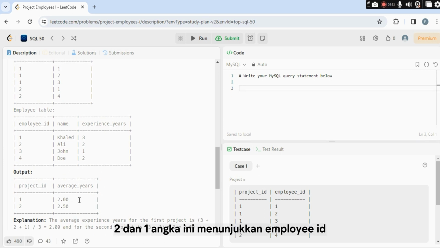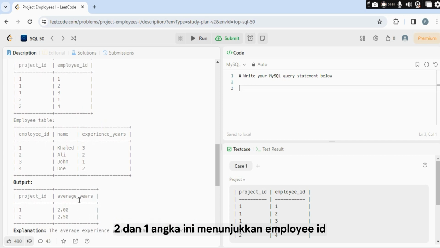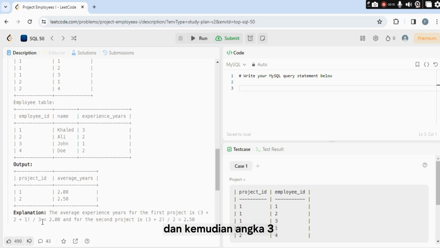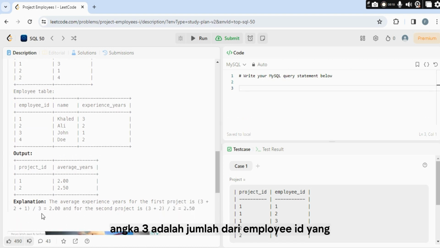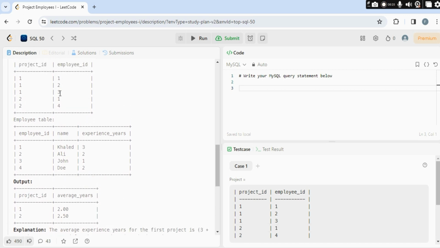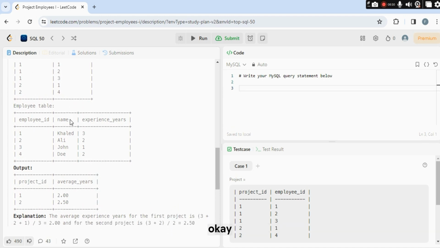These numbers indicate the employee IDs, the employees that have worked for the same project. Okay.